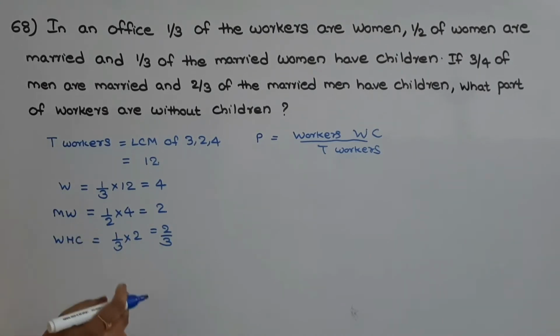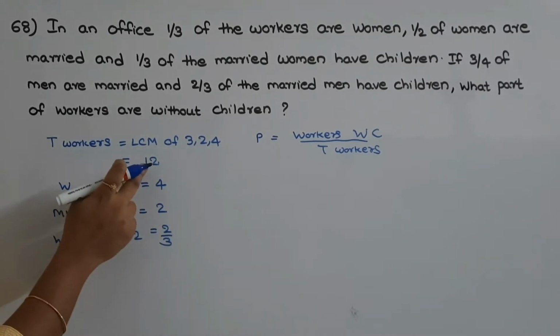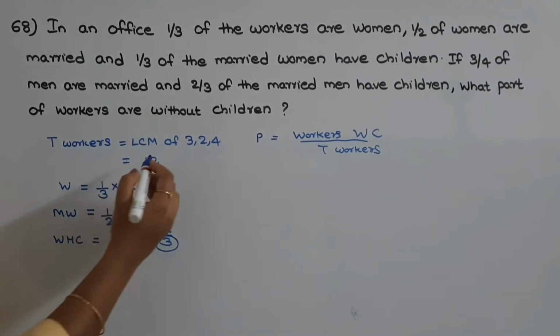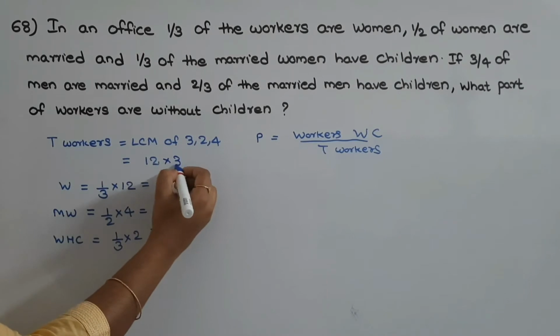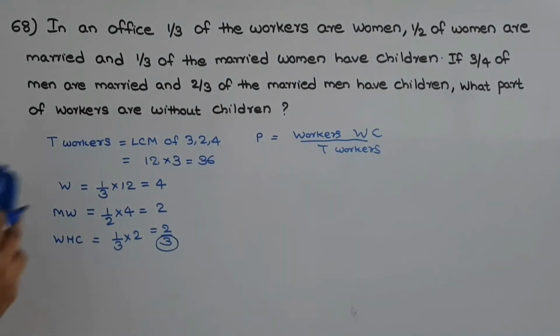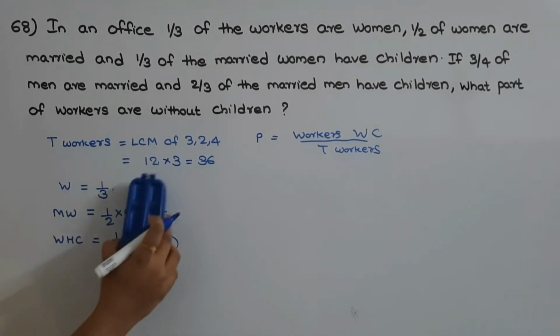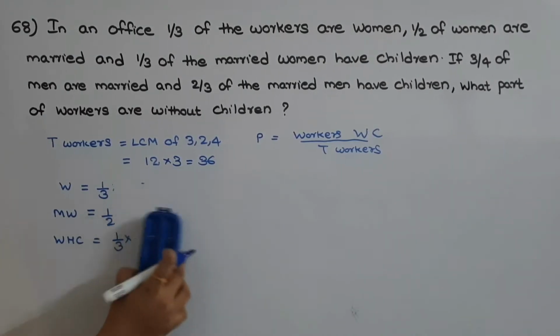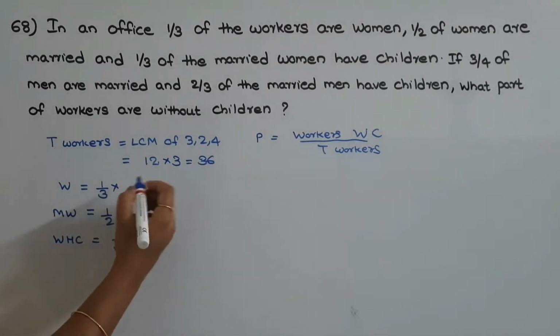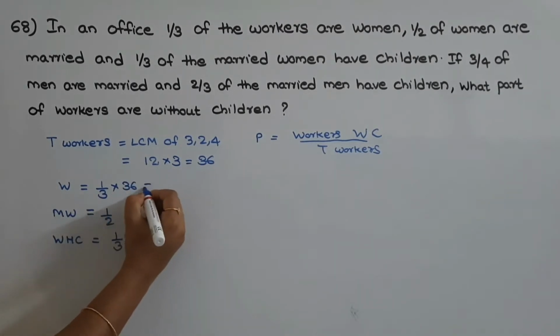Okay, so for that what we need to do is we need to multiply this 12 by this denominator. Okay, so we need to consider the total workers as this 12 into 3, that is equal to 36. So let us consider the total workers as 36. Okay, then what will be the number of women? Number of women will be equal to 1 by 3 into total workers, that is 36, that is equal to 12.